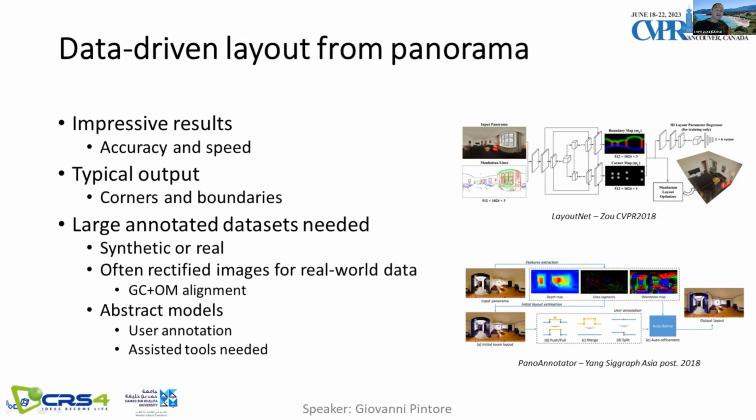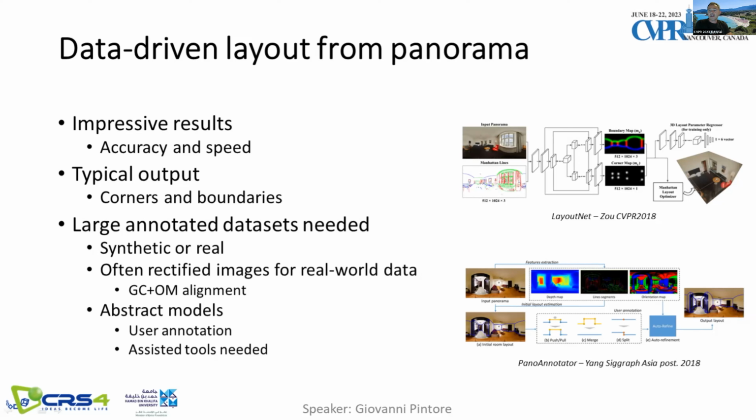In this case, the layout is an abstraction. The layout of a room depends on the architectural design. So some kind of manual human intervention is needed in order to obtain ground truth. In order to have a fast and accurate ground truth, annotation tools are often automatically assisted, like for example PanoAnnotator, used for several important datasets.